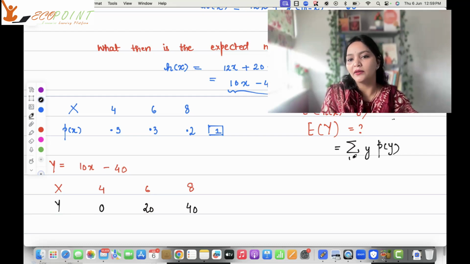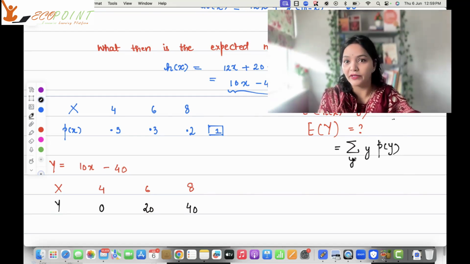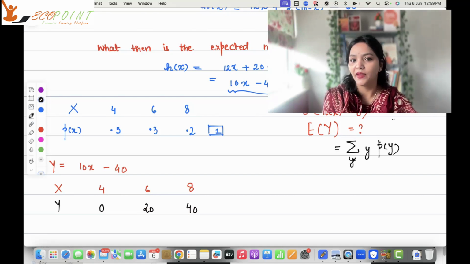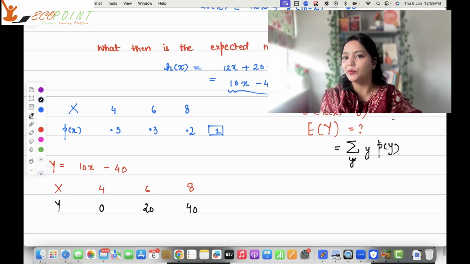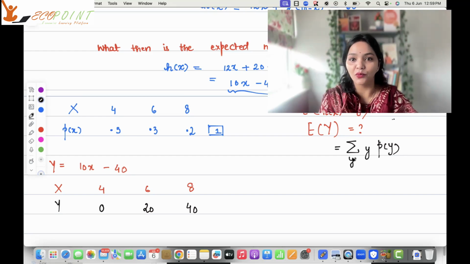So what do I require? I require the probability associated to this random variable y for various values that it is taking. Now the value of y is getting generated by the value of x, as you can see here, in a linear manner. Understand that if x is 4, y is 0. So the probability with which x is 4, with the same probability, y turns out to be 0.